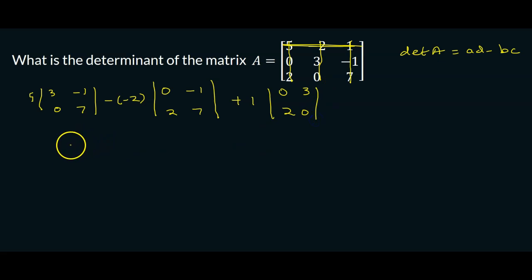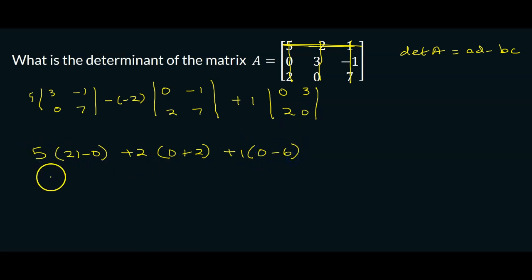Okay, the next step here is to multiply the determinant of the 2 by 2 matrices by the scalar multiplier on the outside. So this is 5 multiplied by AD, 21 minus 0, plus 2 multiplied by 0 plus 2, so 0 minus negative 2, so 0 plus 2, plus 1 multiplied by 0 minus 6.